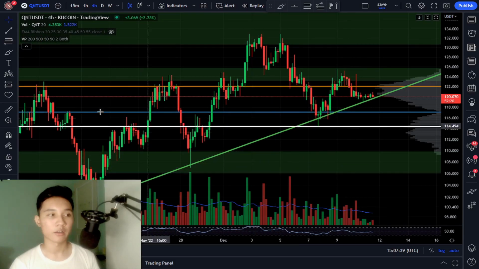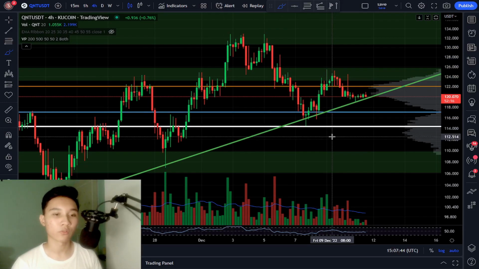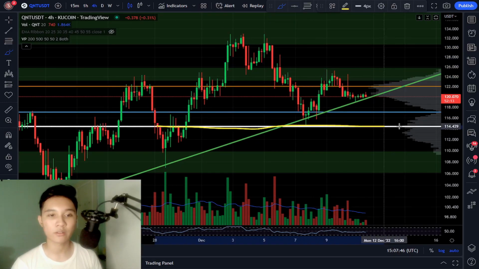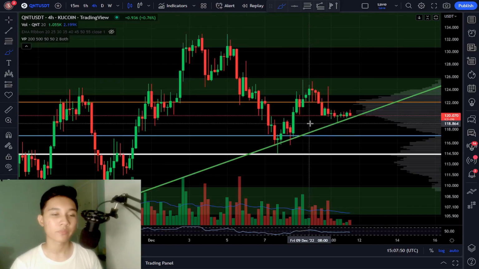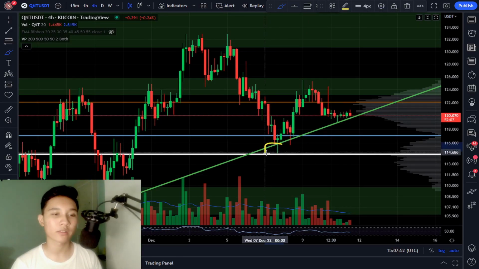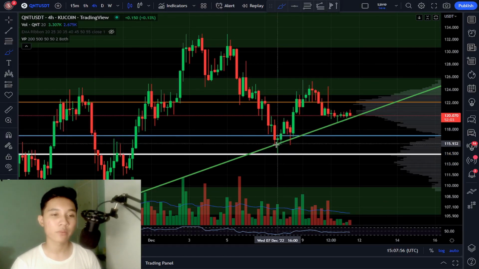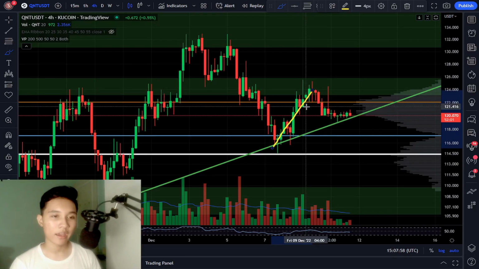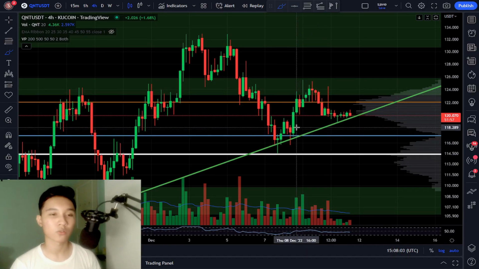So in my previous video I mentioned that in this dump I'm expecting quant to find support at this level right here, this white line at $114, and as expected we did find support exactly at that level on point, and we had this rally to the upside. And during this rally in my previous video I also mentioned that I am not trusting this rally because it looks corrective.